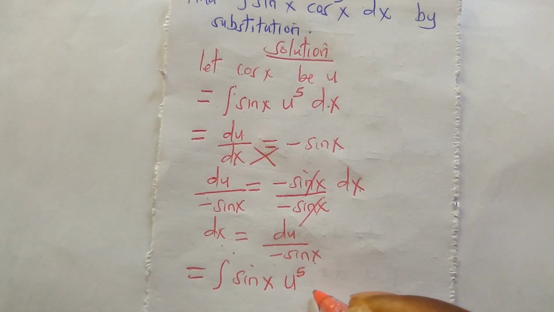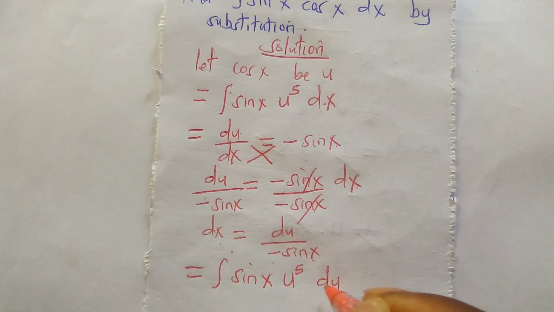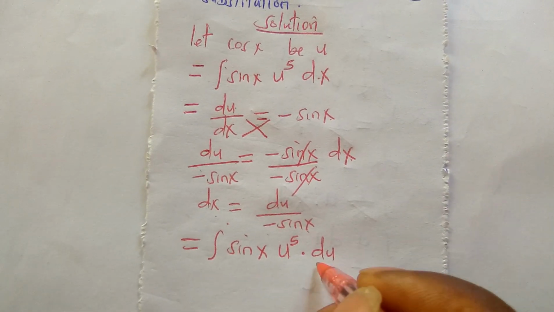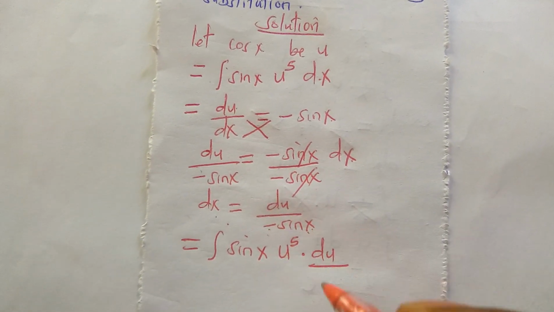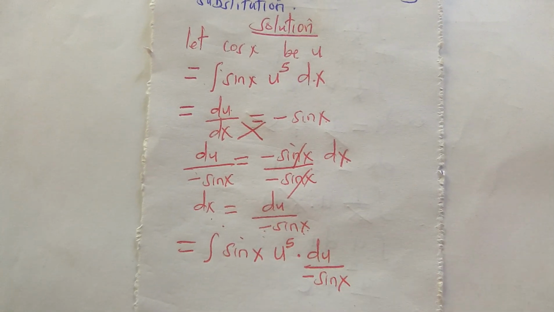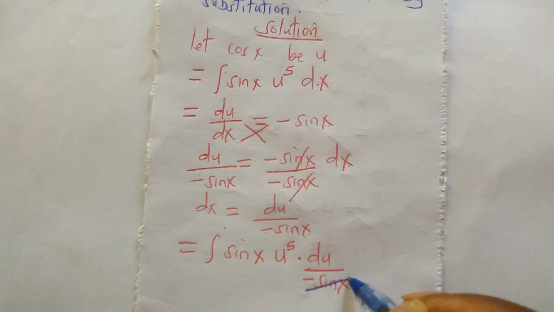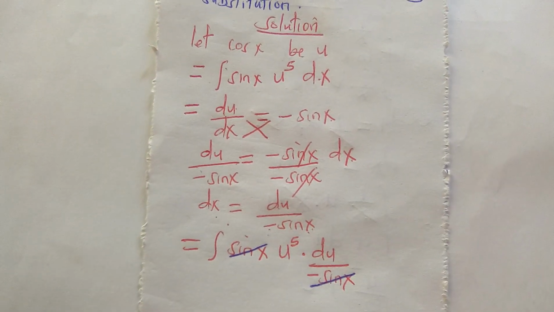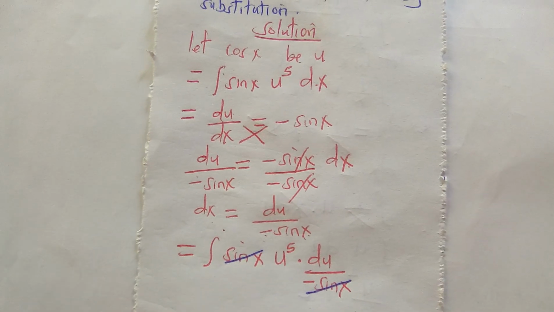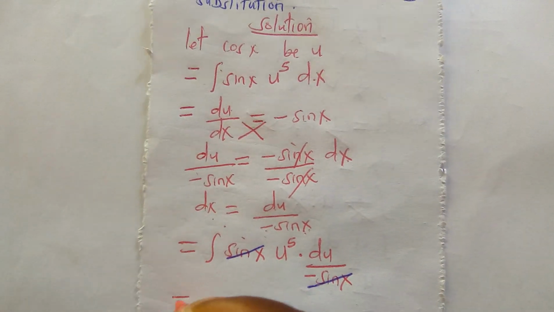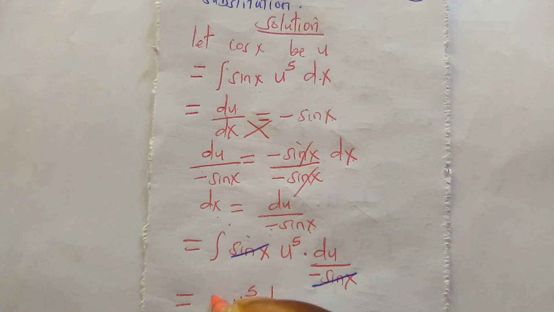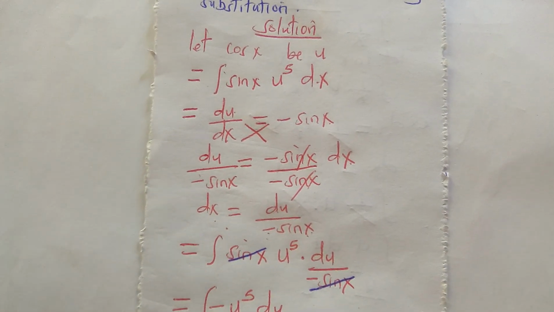So we say that is du, it is better to write a dot there to mean multiplication, over negative sine x. Now when you look at this, sine x goes with that sine x to remain with a negative there. So when you multiply that negative with u raised to 5, it will be negative u raised to 5 du, and remember to put that integral sign.